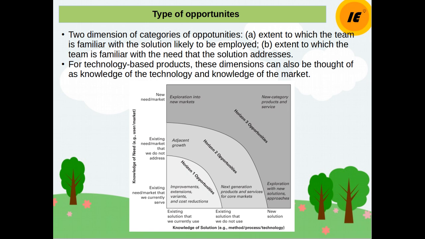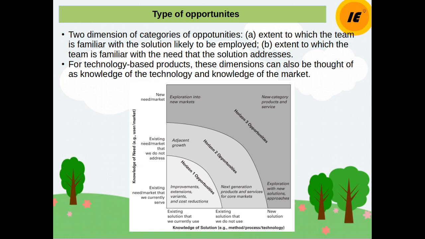Then it belongs to a very problematic, risky situation, which is like new category products and services. So this gives a more simplistic view of the different opportunities and why they are risky.